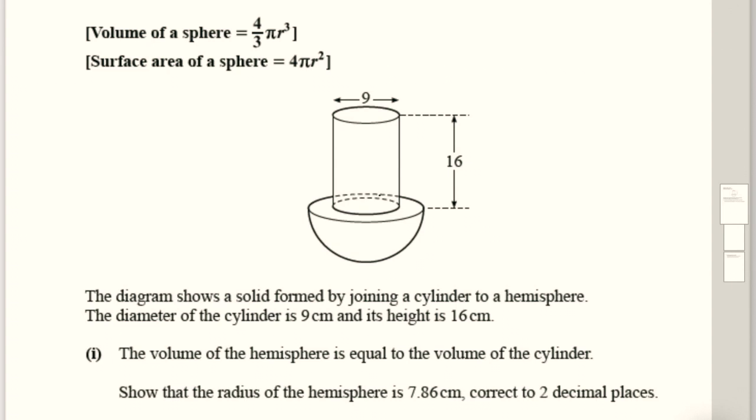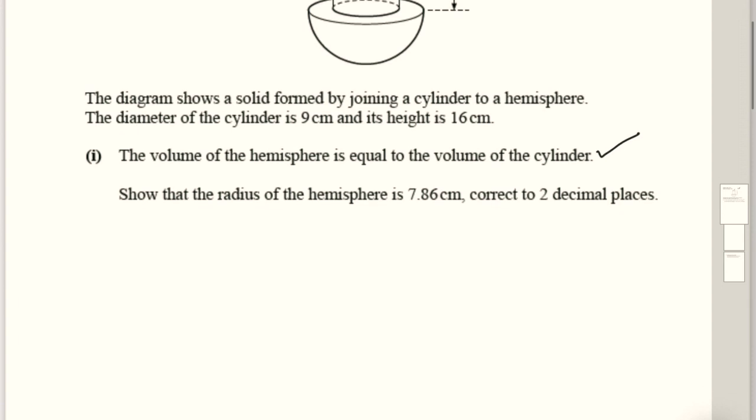The key detail that you need to know is this. Also, when the diameter of the cylinder is 9, of course the radius would be half of it. We'll be using 4.5. In order to find the volume of the cylinder first, you would need to use this formula. Volume of cylinder can be found using pi r square h.